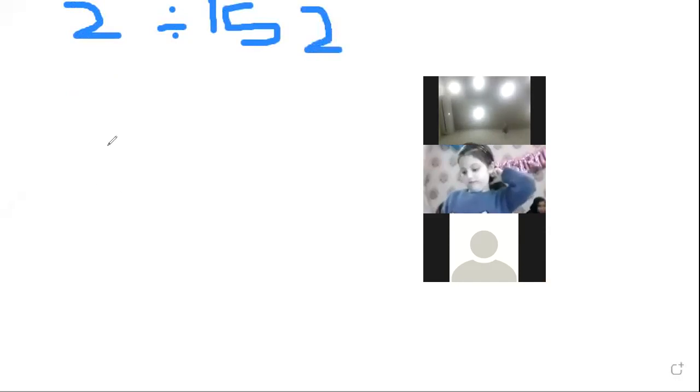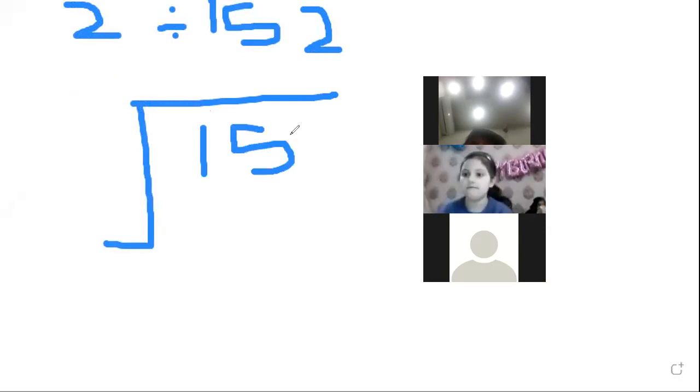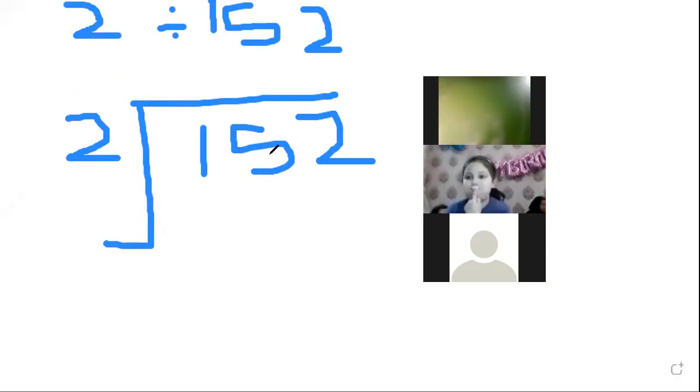Okay. So 152 divided by 2. 152 will be inside the division box and 2 will be outside the division box. Now 15 is not present in the table of 2.